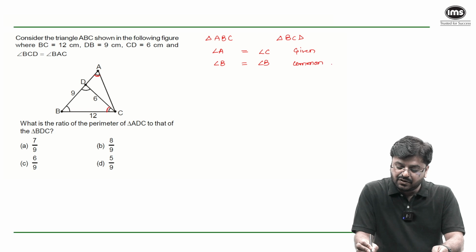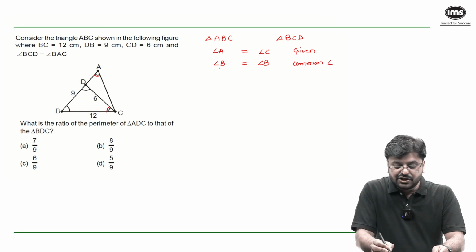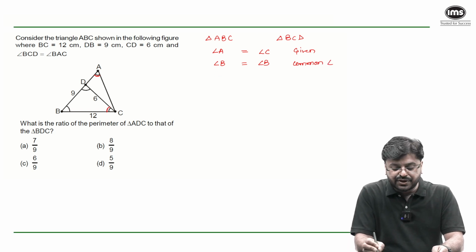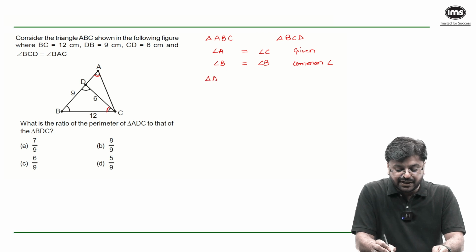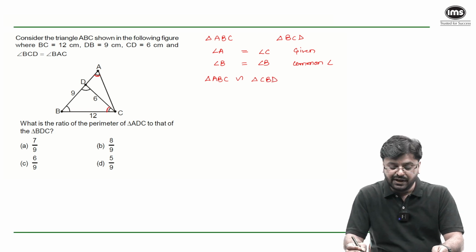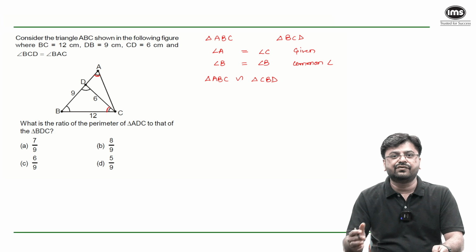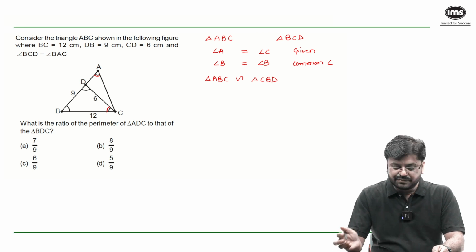So by the angle rule, these two triangles are similar. That means triangle ABC is similar to triangle CBD. And in similar triangles, the ratio of corresponding sides are equal.